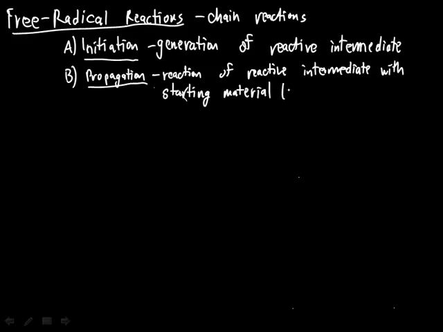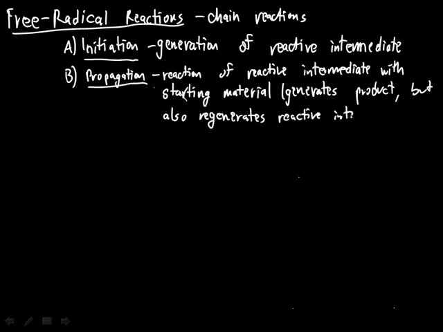And this reaction generates both the reaction product, but also regenerates reactive intermediate. And so reactive intermediate goes into the propagation step, reacts with starting material, generates product, and is in turn regenerated, which allows it to go into the next propagation step, and then the next one and the next one. And so the reaction has, in theory, only one initiation and thousands, if not millions, of propagation steps.